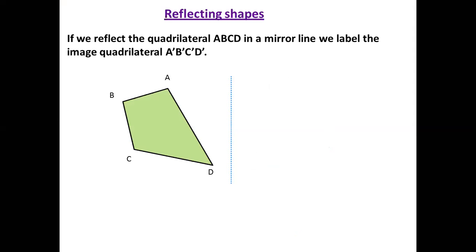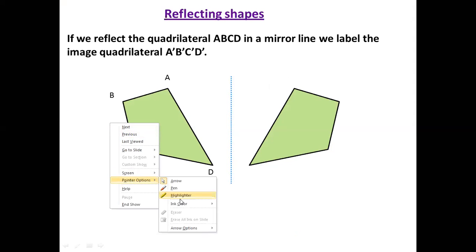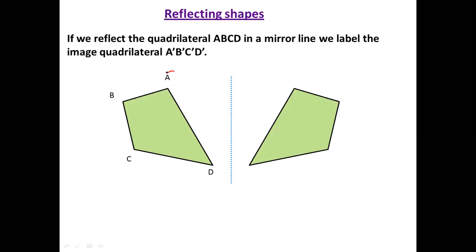We will have the following diagram, quadrilateral ABCD, and I will reflect it around this mirror line, the disconnected line. We said, guys, in reflection the distance must be the same. I mean point A and A dash must have the same distance from the mirror line. In another way, the distance between A and the mirror line is the same as the distance from the mirror line to the new point A dash. The same thing for point B.